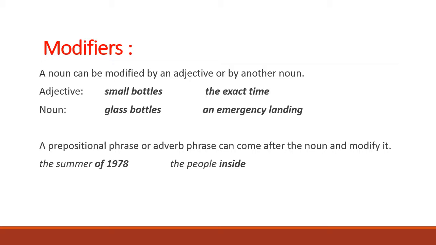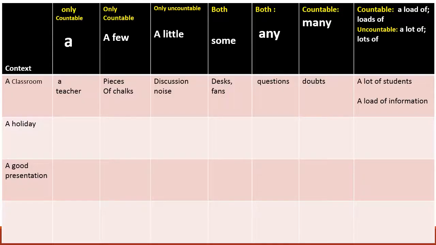So of 1978 is a prepositional phrase, and it's modifying the noun before, that is summer. So when adjectives and nouns are used, they come before the actual noun, but when we use a prepositional phrase, it comes after the noun to modify.